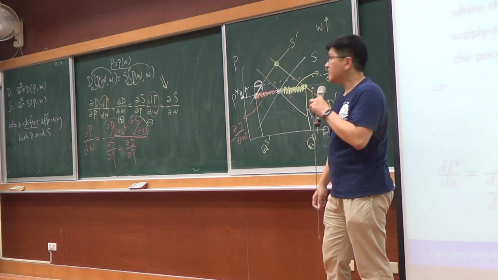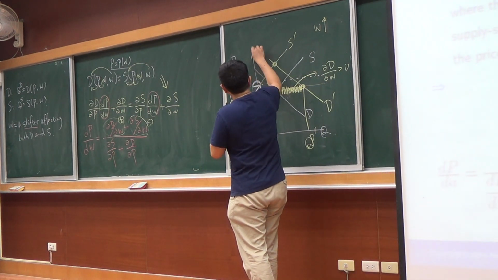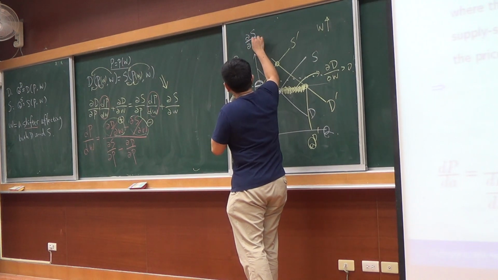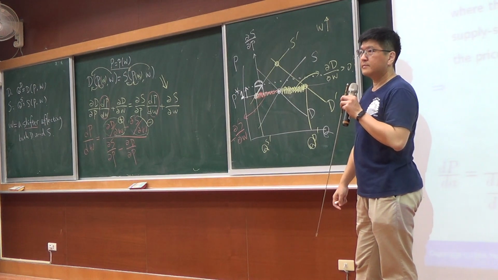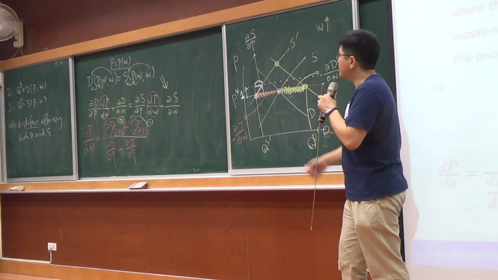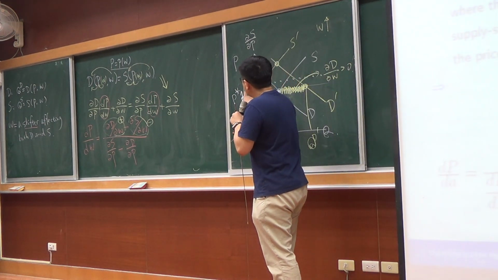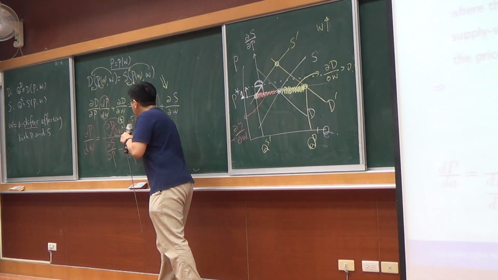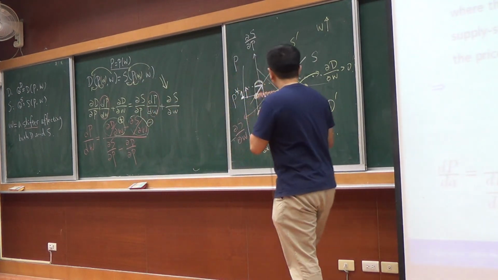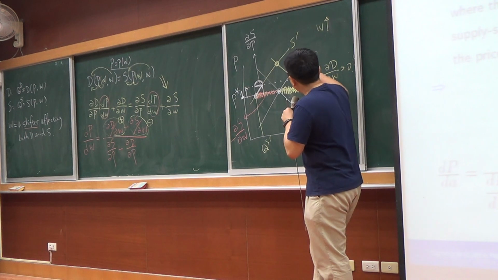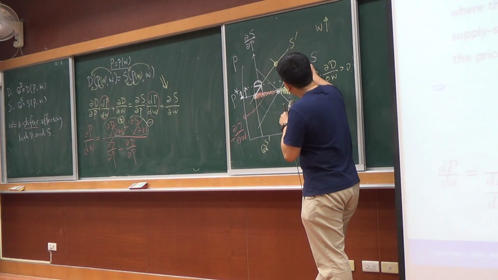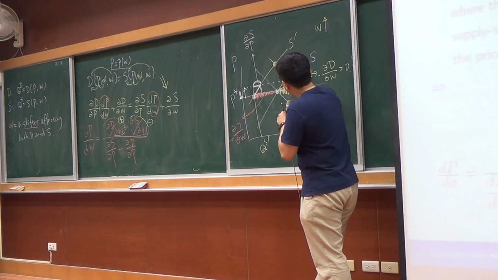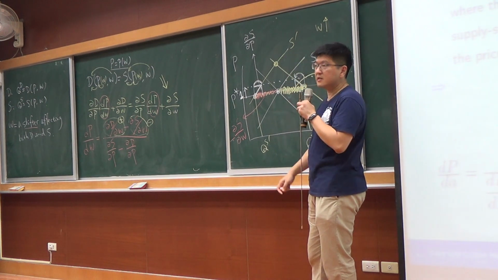So this would be partial S, partial P. And when the price goes up by 1 unit, what about the quantity demanded? The quantity demanded will be less. It decreased by this size.